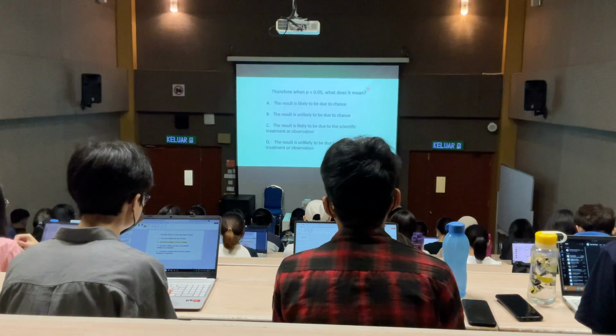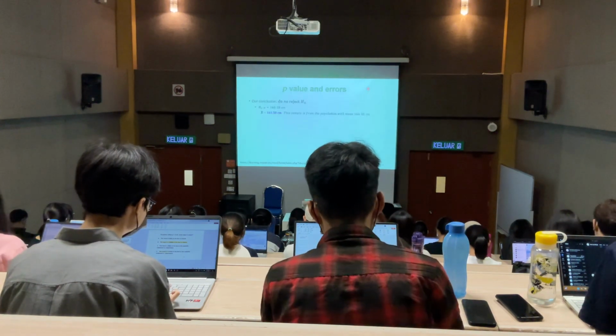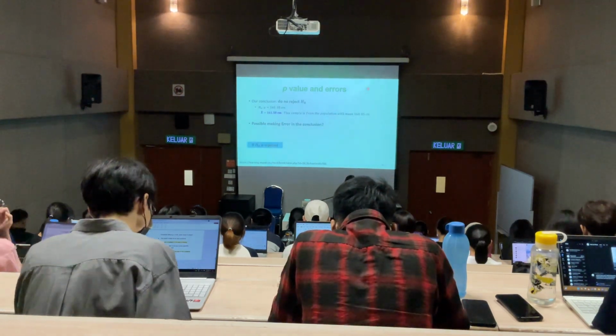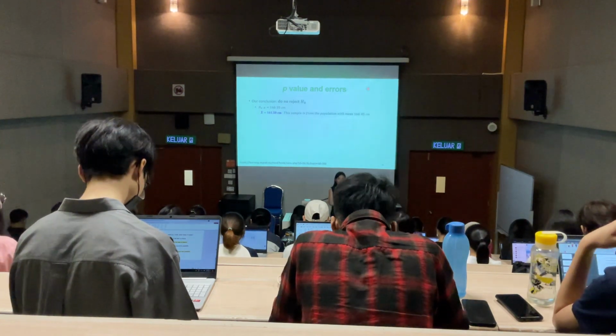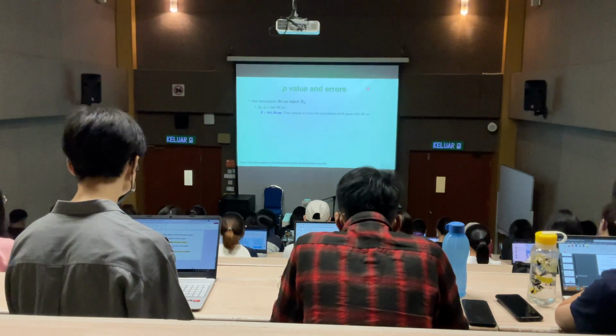Okay, so now you know the importance of the p-value for you to test your hypothesis. But how about errors? Let's use the height example, 10 students from the SB cohort, the population.